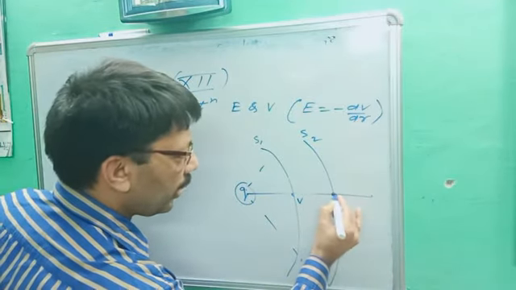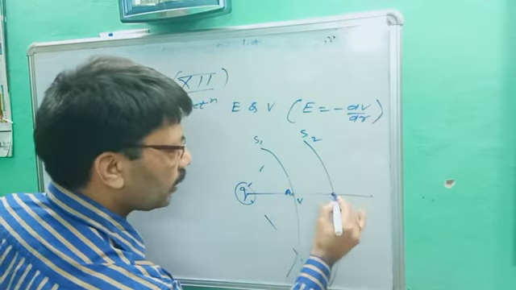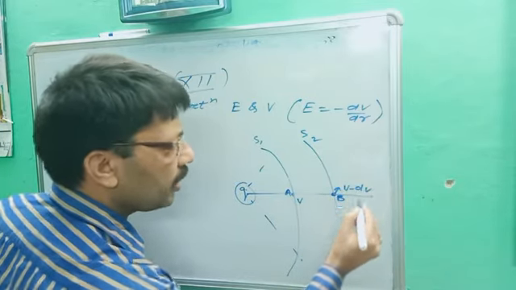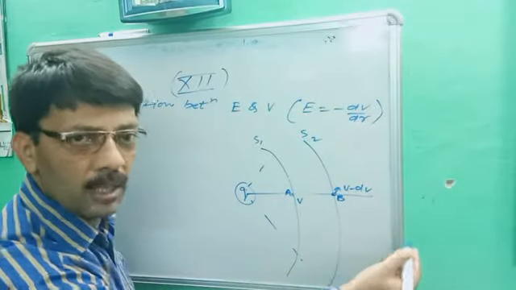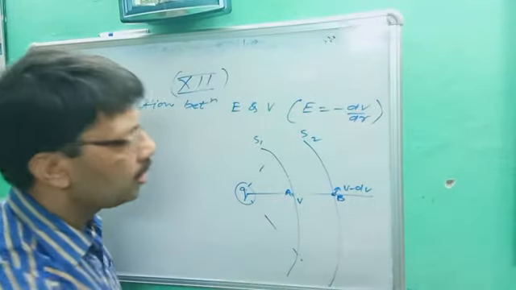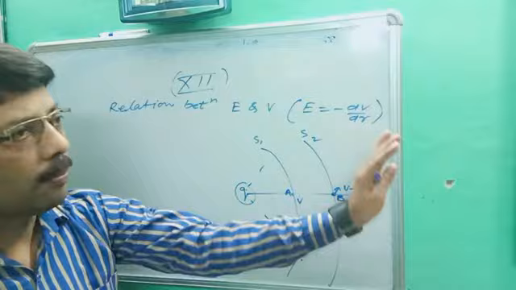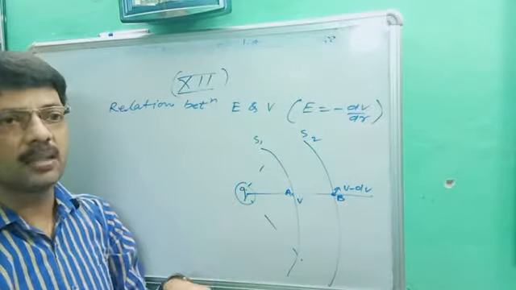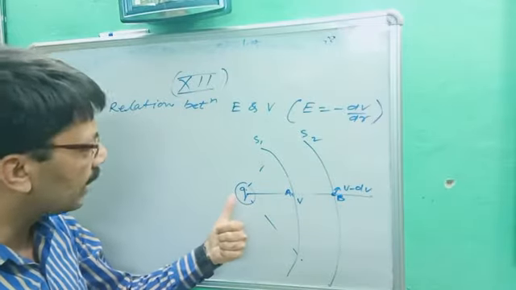Let's suppose this is point A and this is point B, and here the potential is V minus dV. Another surface has V minus 2 dV, another V minus 3 dV. As we move away, the potential regularly decreases for a positive charge, but for a negative charge it increases. We are taking a positive charge here.